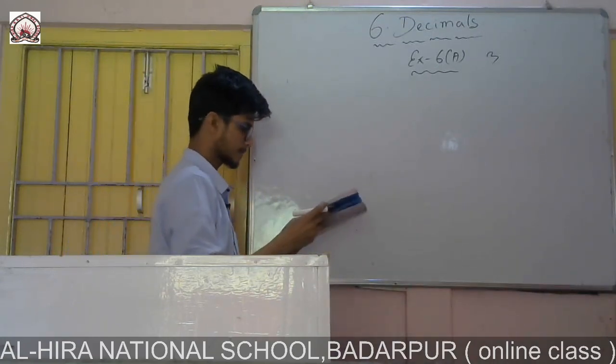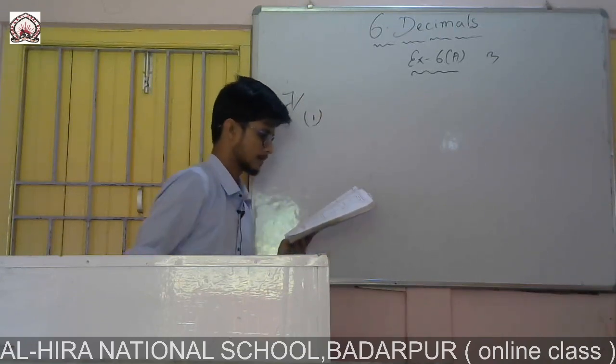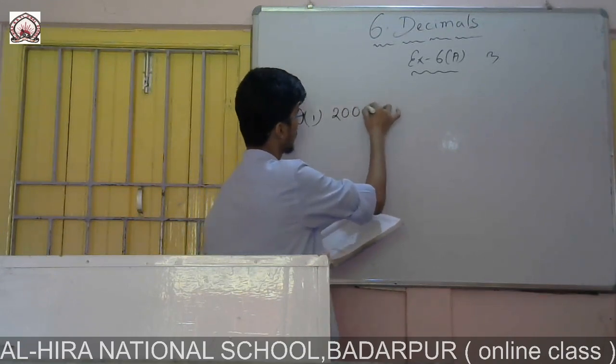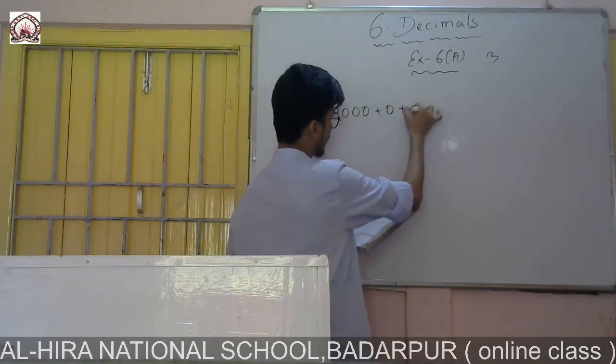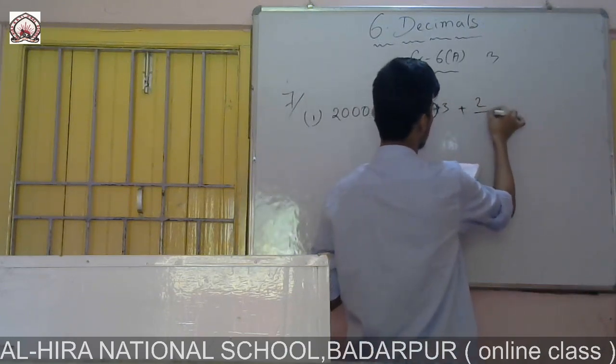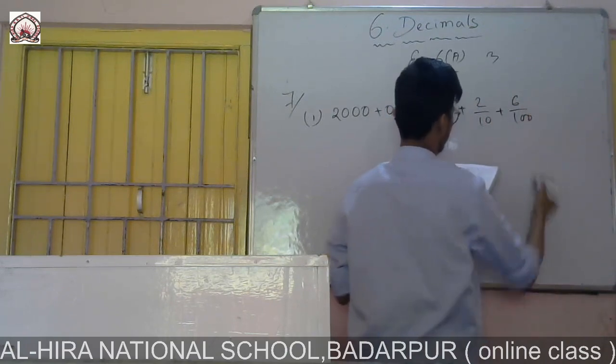Question number 7, you see it is Roman number 1. It is given 2000 plus 0 plus 70 plus 3 plus 2 by 10 plus 6 by 100.